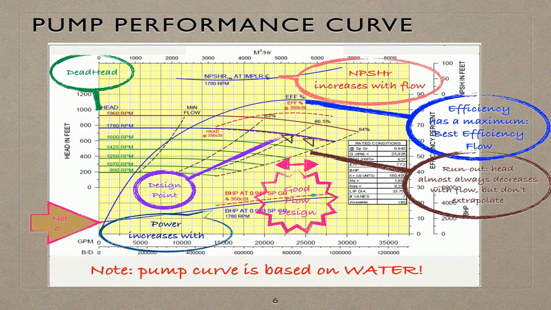There's a good point here that the power curve at zero flow rate is not zero, because this power is not going to the fluid. At zero flow, this energy is going to the system.